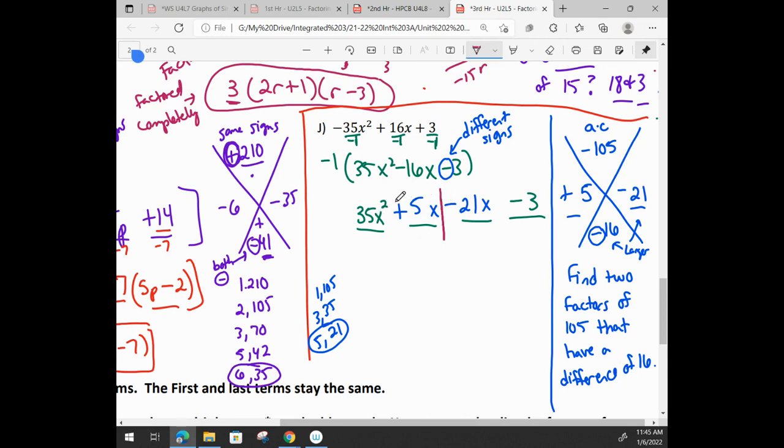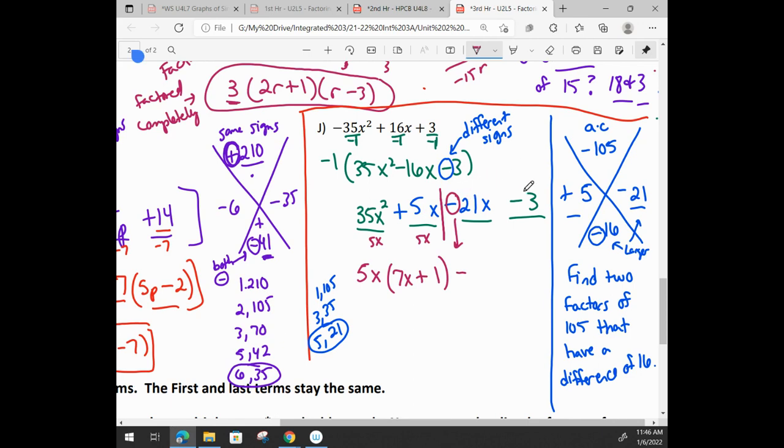So looking at the first two terms, what's the greatest common factor between 35 and 5? 5. And then between x squared and x, x. So if you divide both of these terms by 5x, you get 7x plus 1. The next two terms, make sure you factor out that minus.